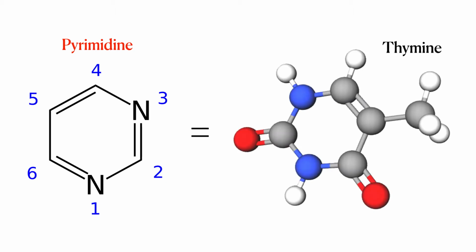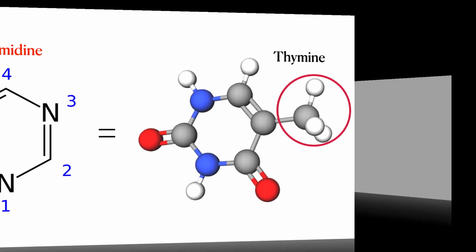I gave you a spatial model of thymine, and remember the blue dots are the nitrogens, the gray ones are the carbons, and the red ones are oxygens. And you can see the specifics of thymine. So what you've got attached to that ring determines which pyrimidine you actually have. For thymine, it's noted by this methyl group over here sticking off the side of the ring. That's one of the pyrimidines.